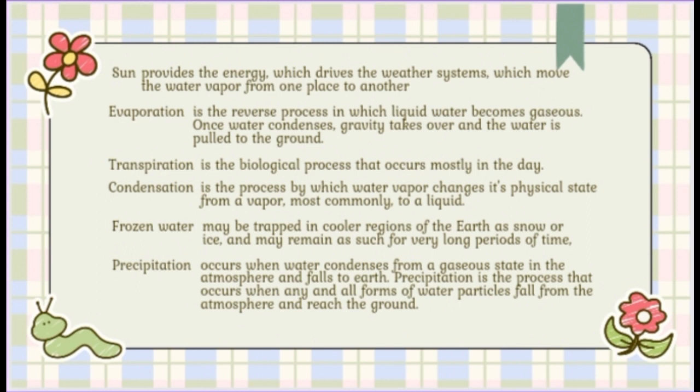Precipitation is the process that occurs when any and all forms of water particles fall from the atmosphere and reach the ground. There are two sub processes that cause clouds to release precipitation: the coalescence process and the ice crystal process.